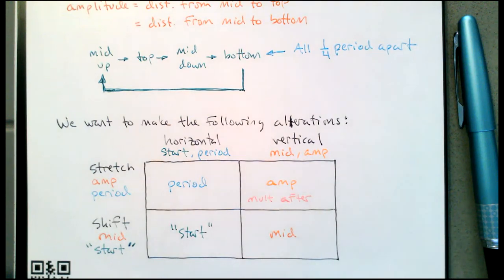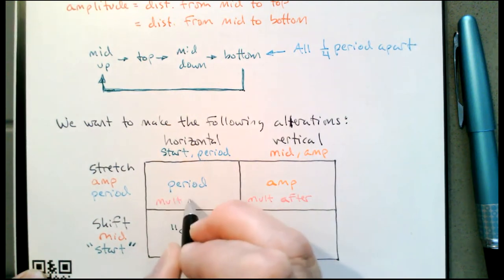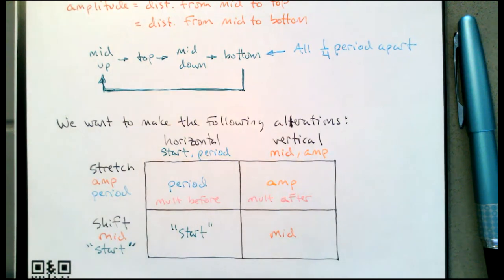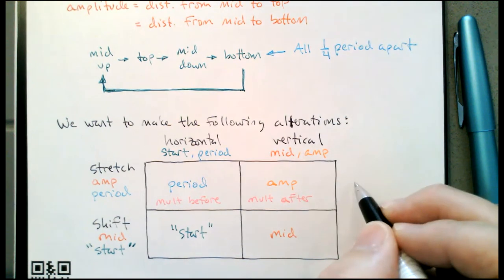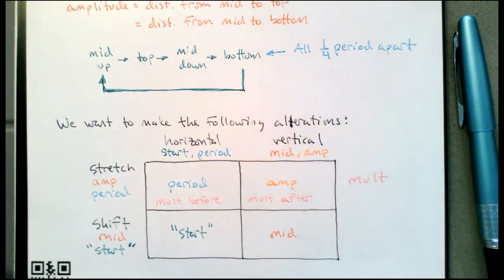We adjusted the period by applying multiplication before the trig function. What changing the amplitude and changing the period had in common was the multiplication. Multiplication produces a stretch.